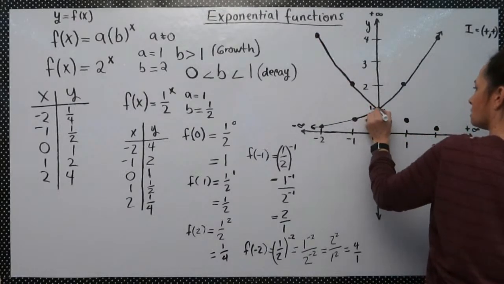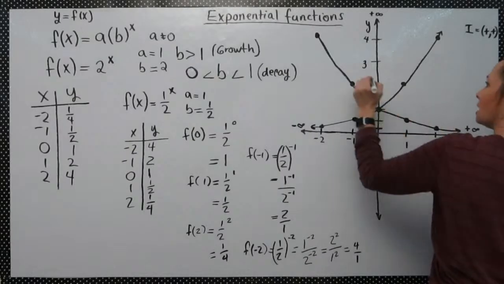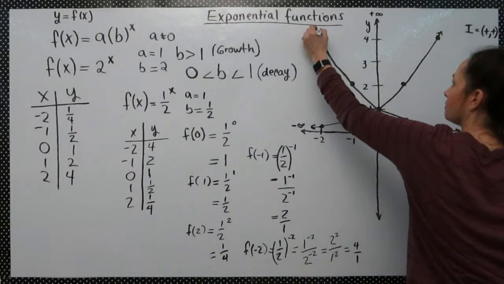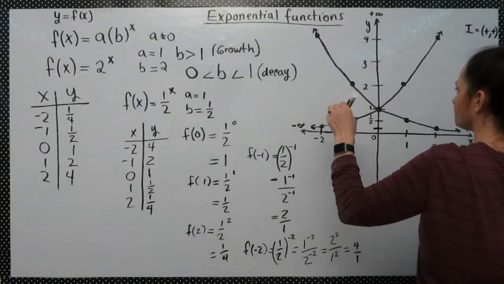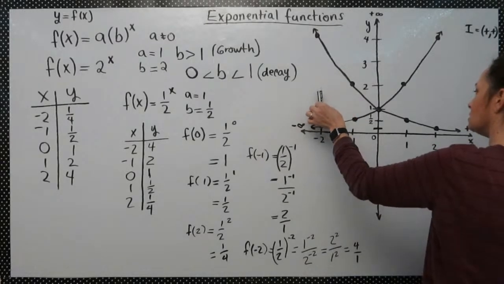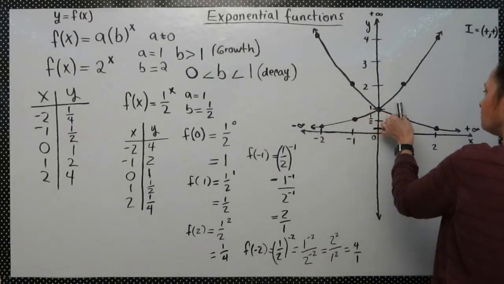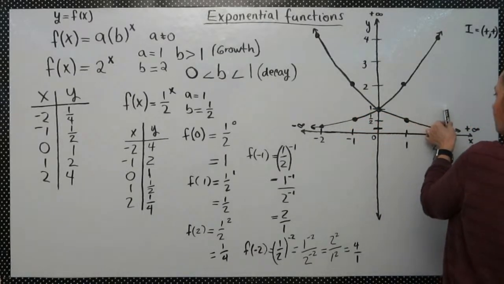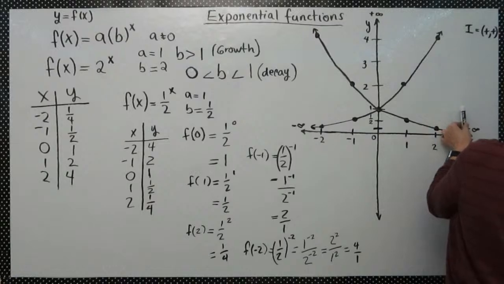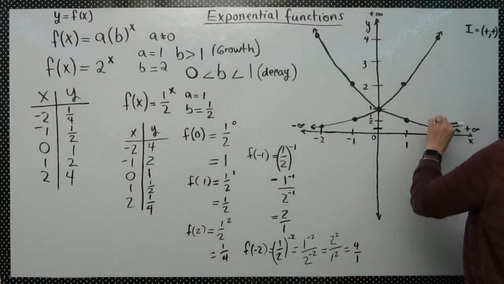This is what this function is doing in the graph. And as you are increasing, do you see how your x values are increasing? You're going to positive infinity as far as your x values, but your y values are going to 0.